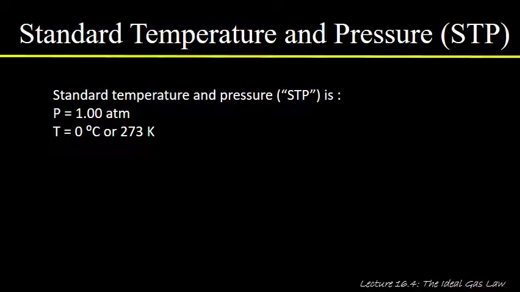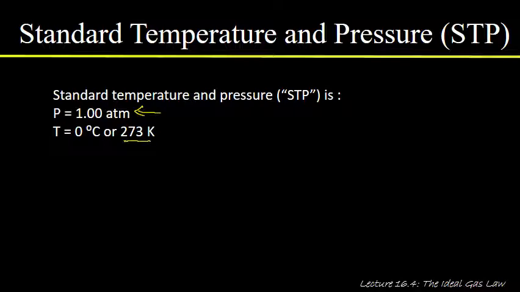Another point related to units is this concept of standard temperature and pressure, which is usually abbreviated STP. Standard temperature and pressure means temperature is 0 degrees Celsius or 273 Kelvin, and the pressure is 1 atmosphere.